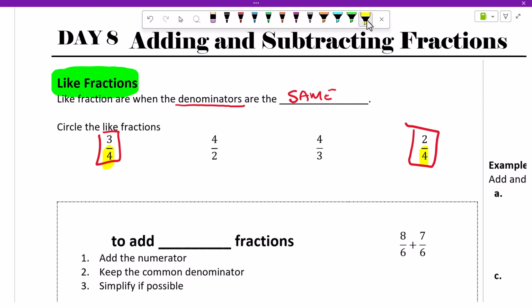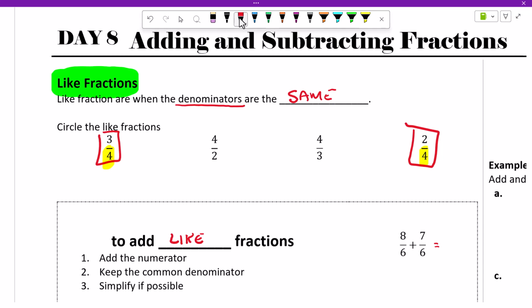And this was the easy situation when we were adding and subtracting fractions. If you're adding like fractions, what was the rule? The bottom number stays the same. So over here we have 8 over 6 plus 7 over 6.